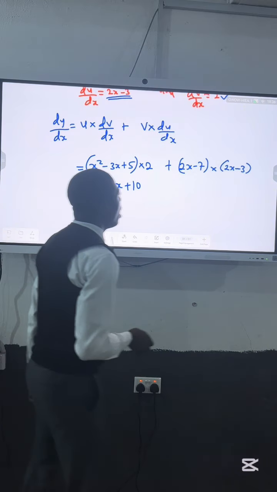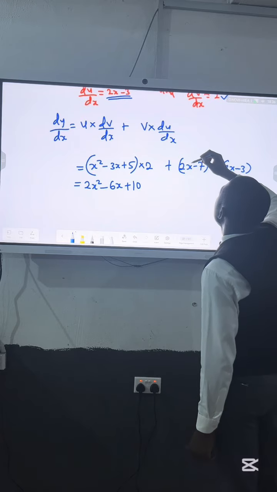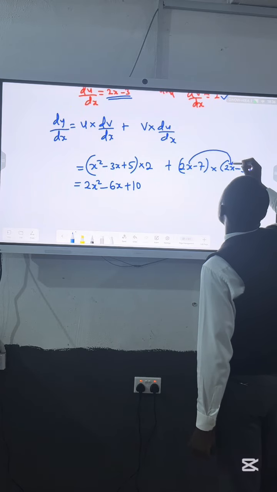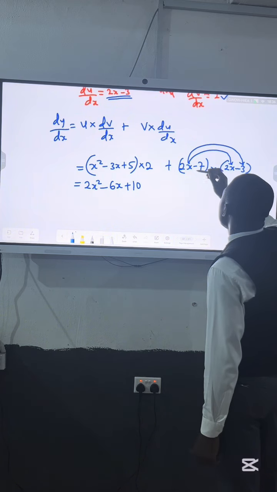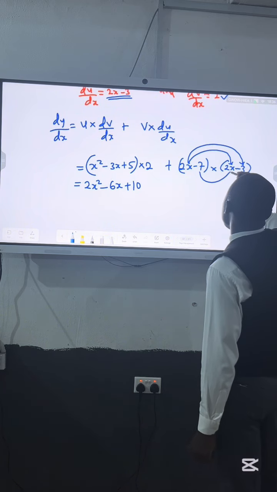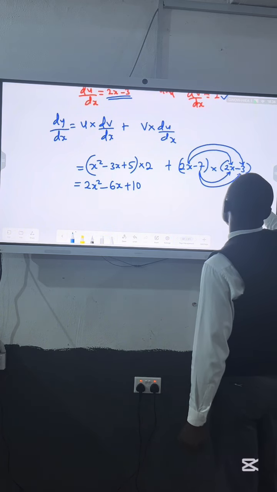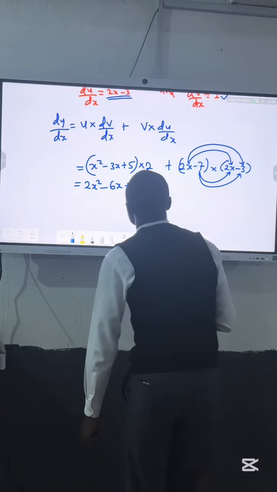Now, over here, multiply them one by one. Let this 2x come and multiply by 2x. When you are done, 2x again, multiply by this one. That means you have 2x, then 7 multiplied by this, 7 multiplied by this other one, the answer will come out. Alright, so let's go.